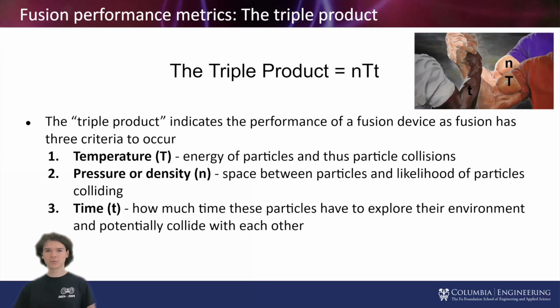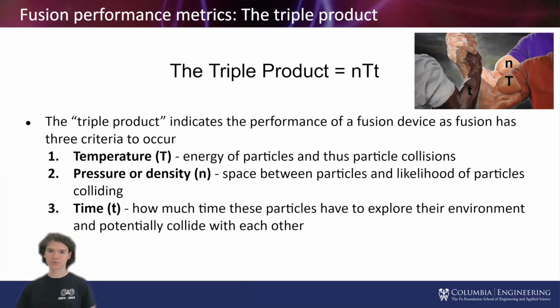The reason we multiply these three metrics together to create the triple product is that each one of them indicates a direct metric of how fusion is happening within the device, or how much fusion can happen. Higher temperatures mean that more fusion will happen.